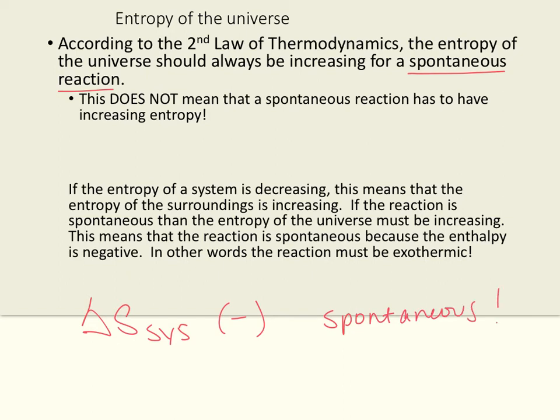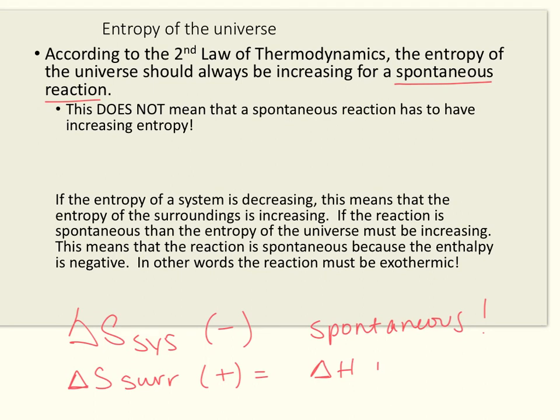Well, we know that if it's spontaneous, then the delta S of the surroundings has to be positive, and it has to be more positive than the delta S of the system. And if the delta S of the surroundings is positive, then that means that delta H is negative.